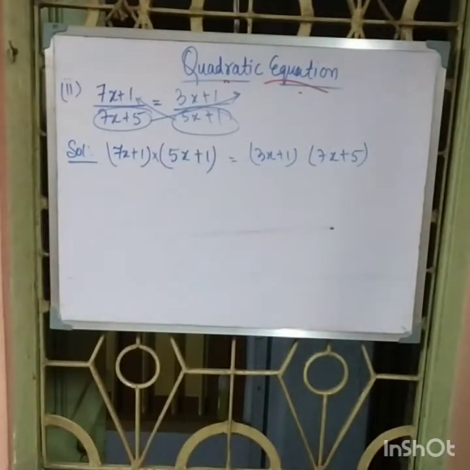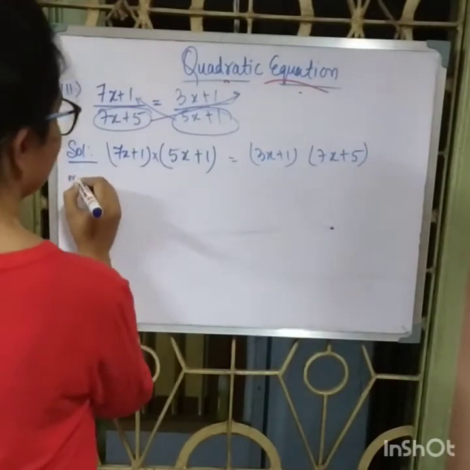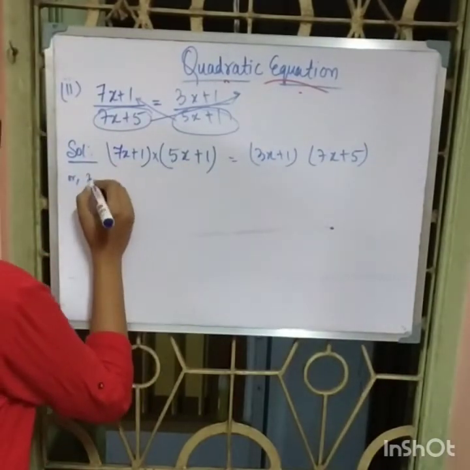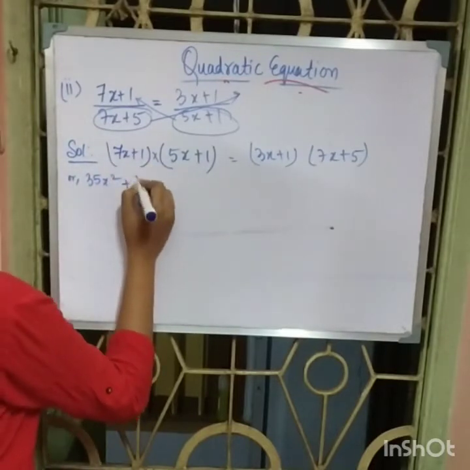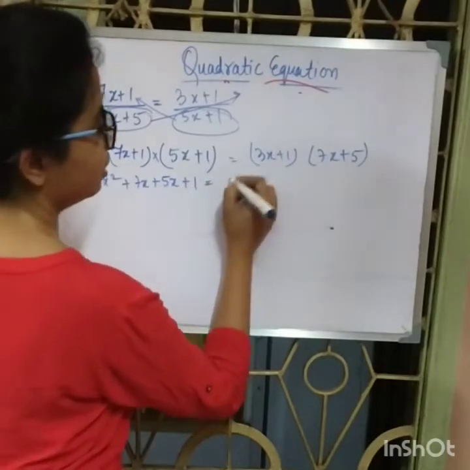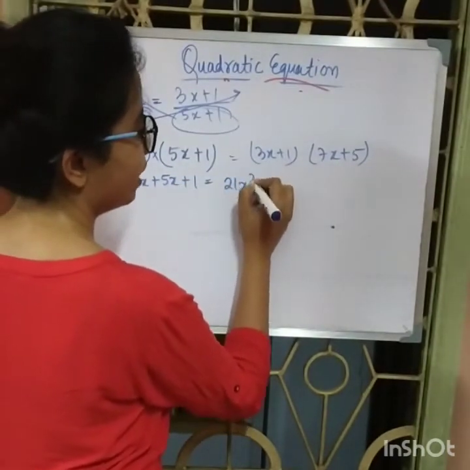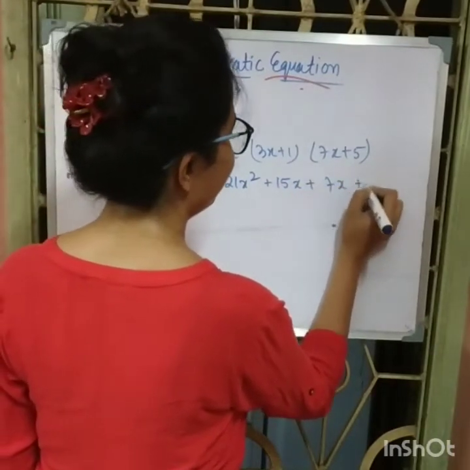Now we need to do simple multiplication as we do. So what does it come to? 35x square plus 7x plus 5x plus 1. Here it comes as 21x square plus 15x plus 7x plus 5.